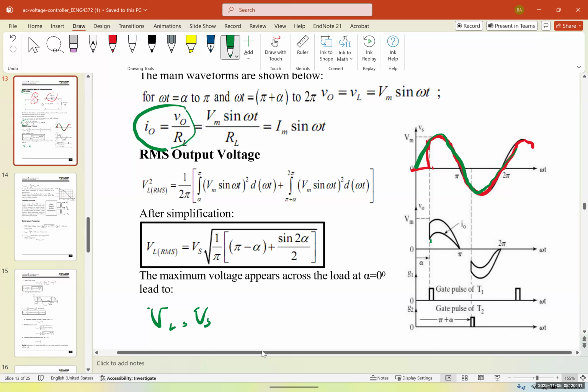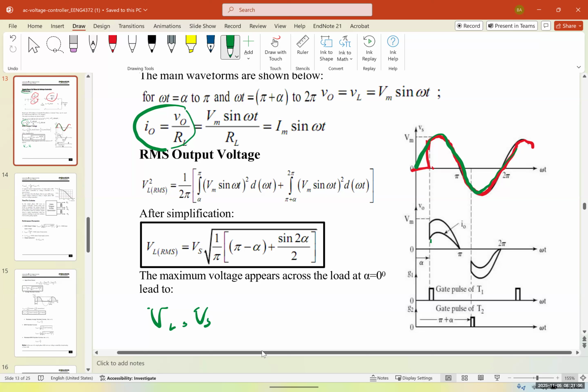So if we put alpha equal to pi, then pi minus alpha is pi minus pi, which is going to give us 0. Am I correct? And what is the sine of 2 pi? Zero. So it's going to be 0 times 1 over pi gives us 0.